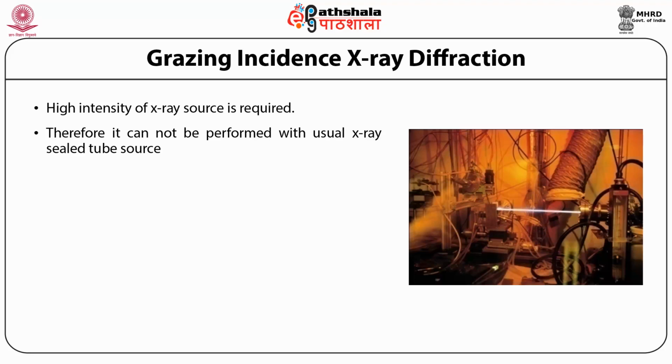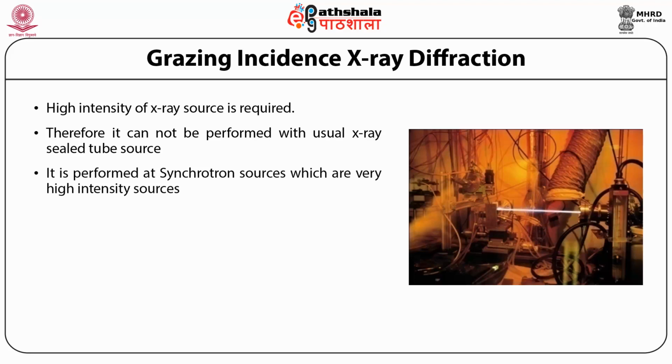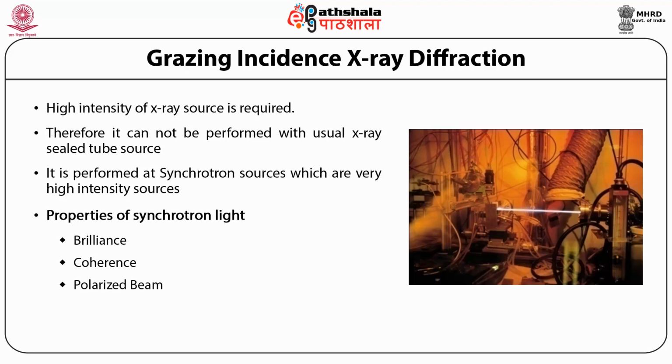Nowadays it is possible to generate such high intensity sources in the laboratory also, but usually GID is very popular at synchrotron sources. Synchrotrons are sources with very high intensity. They have a strong brilliance, a large coherence, and can have a polarized beam and pulsed radiation.